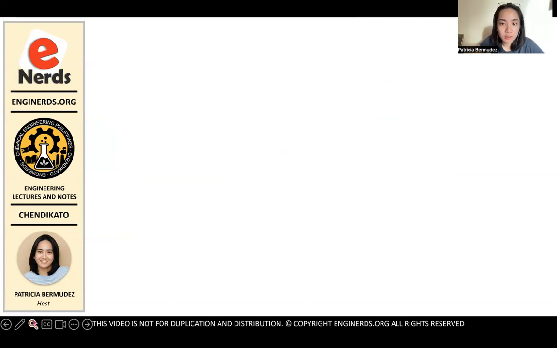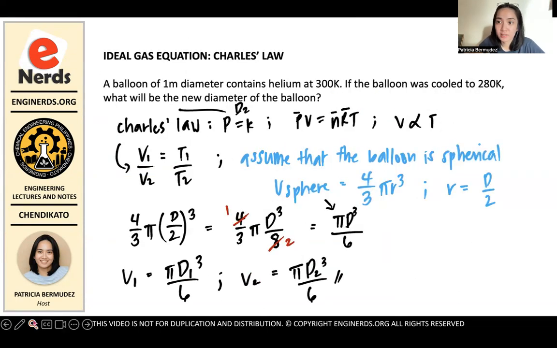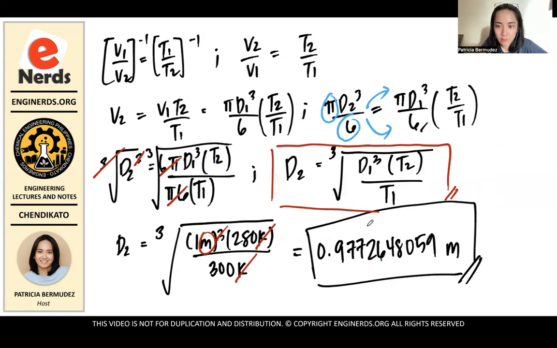And I hope you don't make the same mistake as me when I took this exam na direct lang D1 over D2 is equal to T1 over T2. Hindi siya like ganyan. So you always have to account for the volume of something, and you have to relate that sa temperature. So ganyan mag-solve ng problem. Like this one, it's tricky but you have to be careful. And that's our solution for the problem.